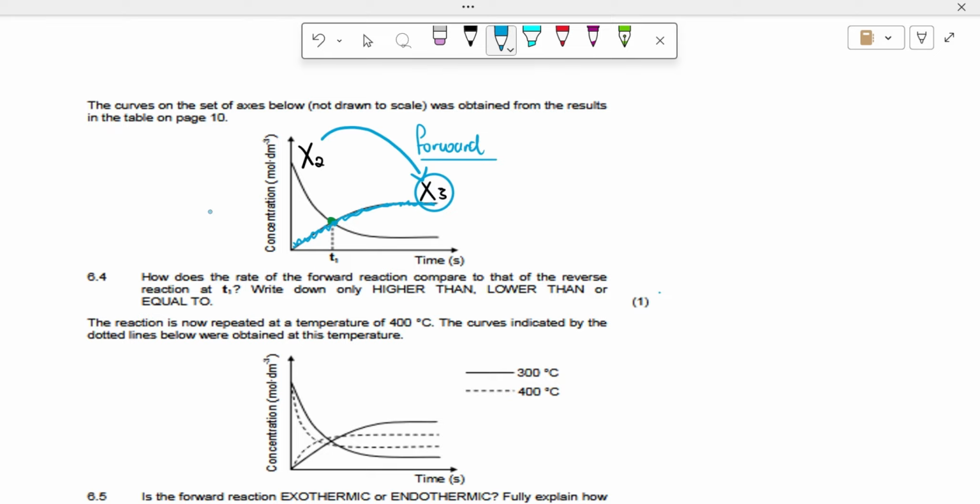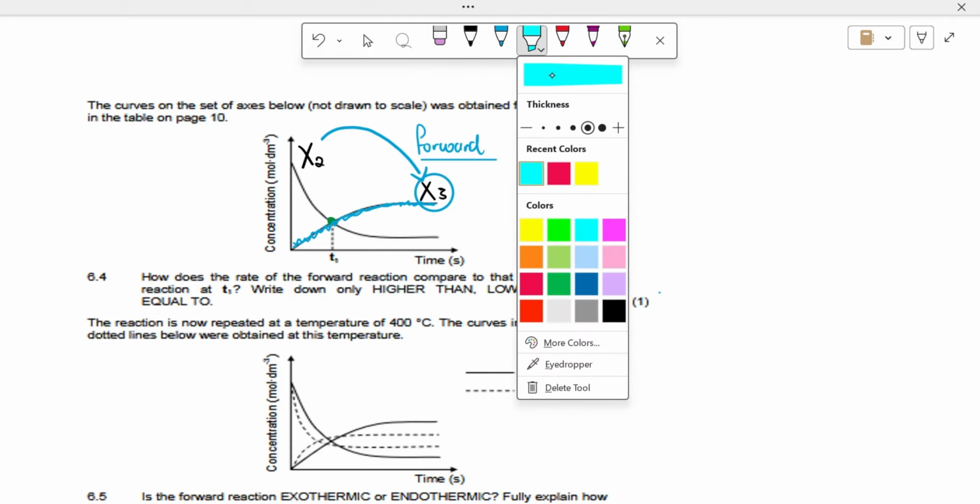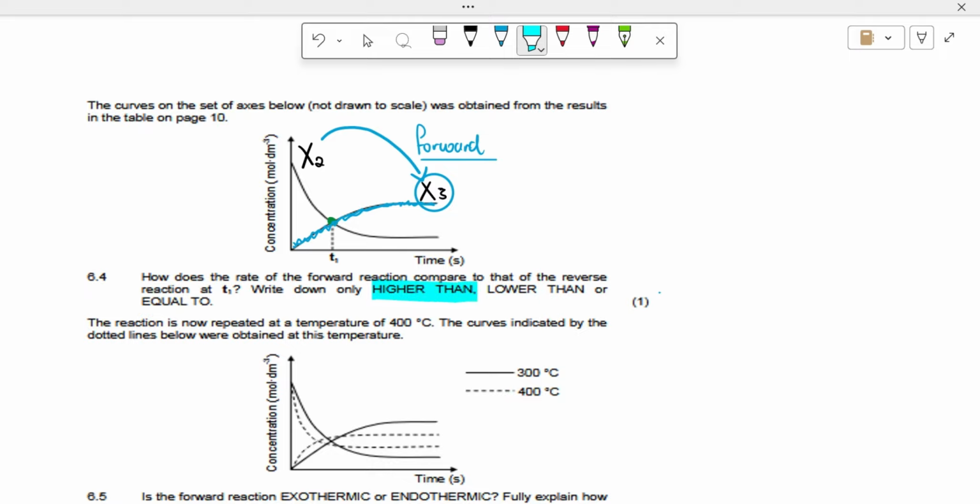That would obviously be the reverse reaction. So if the question was, how does the rate of the reverse compare to that of the forward? Your answer would have been lower than, right? Because this graph is indicating the formation of X3, and that is the forward reaction. Hence, the answer for the forward reaction is higher than.